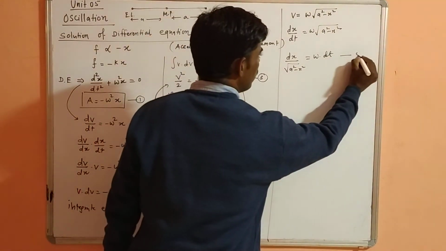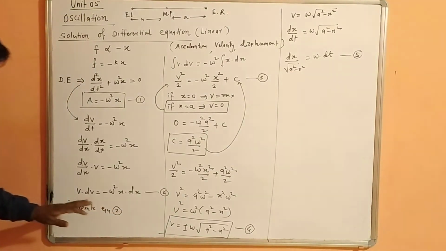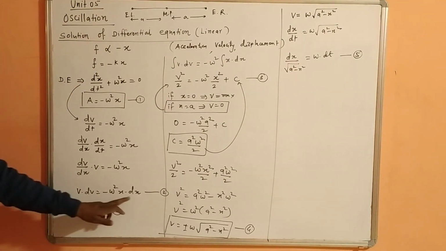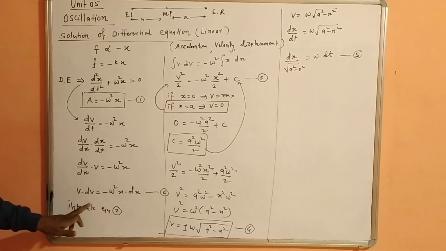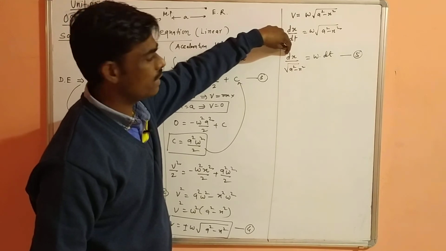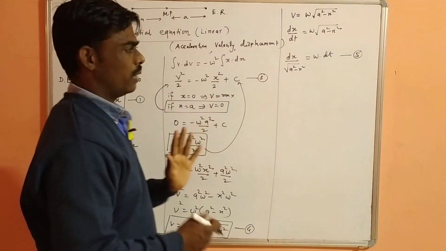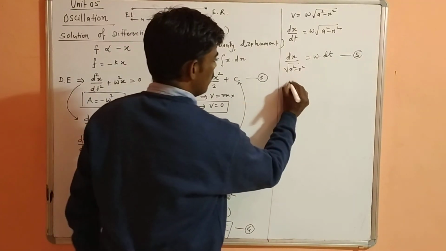Again I will represent it as equation 5, and same as in the case of equation 2, we observe that there are two differential terms here, therefore we integrate it. In the same manner here also there are two differential terms, dx and dt. So we have to integrate it to find out the value of x.